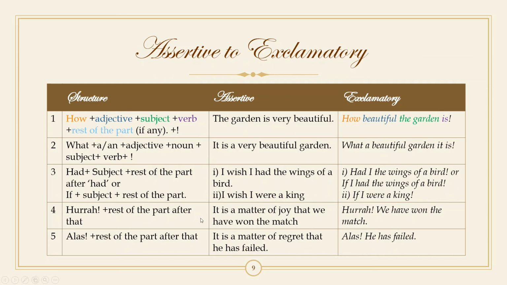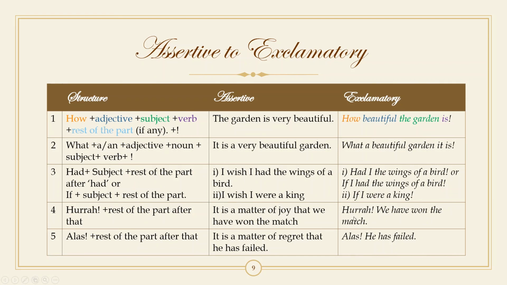Now, rule number 4. At first look at these two sentences. It is a matter of joy that we have won the match. And it is a matter of regret that he has failed. So you know that a matter of joy means a matter of happiness.